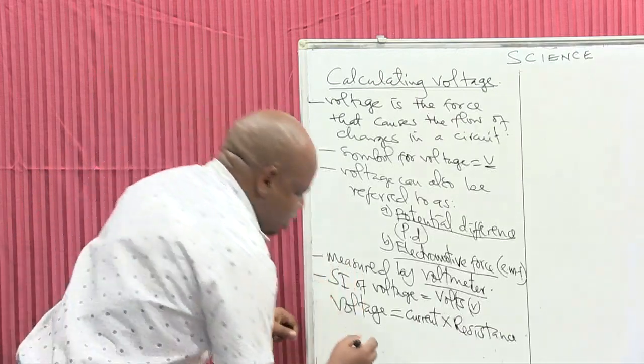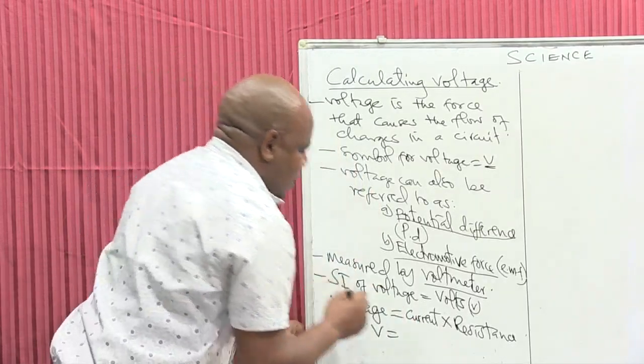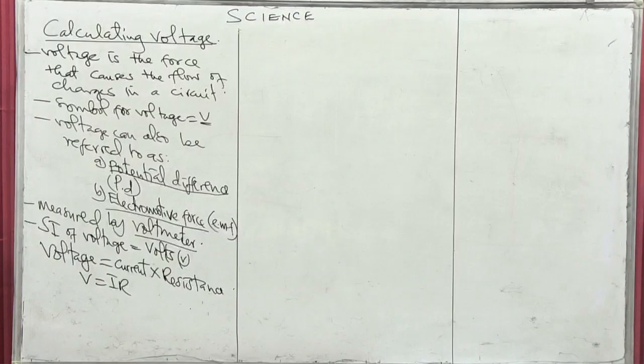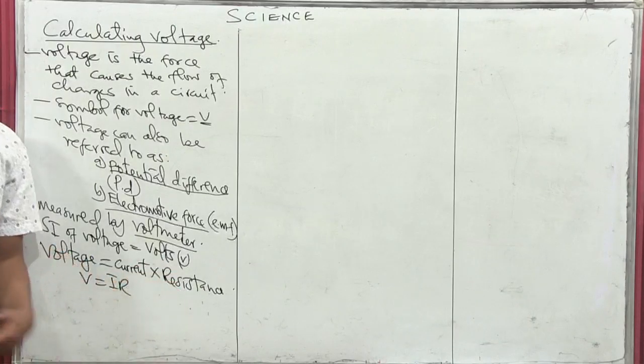In short, it's written as V equals IR. IR means I times R. V is the symbol for voltage, I stands for current, R stands for resistance.